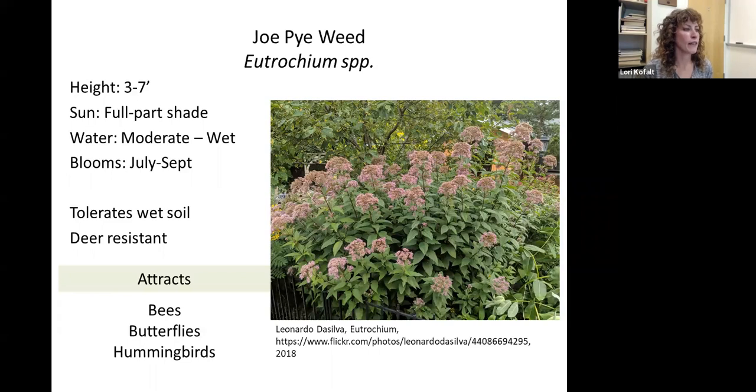Sweet Pye Weed does tolerate partial shade. All of them like wet soil, are deer resistant, and again, a narrow, tall, sort of back of the border, or even specimen plant. And you'll find a ton of bees and butterflies on this if you plant it.